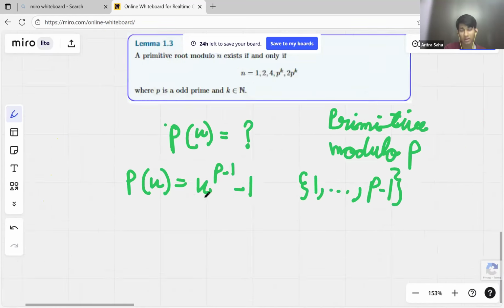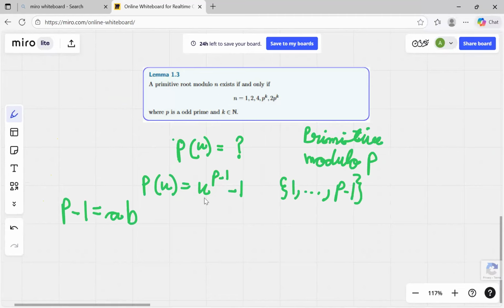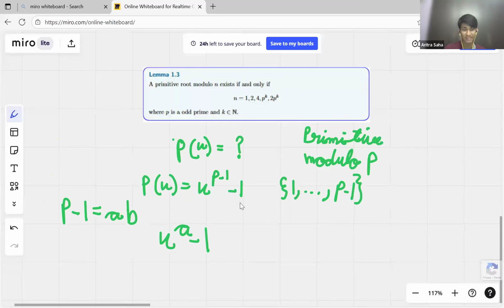Okay. Now try to prove that, say p minus 1 is like AB. Try to prove that x to the power A minus 1 also has exactly A roots in Fp. What are A and B?